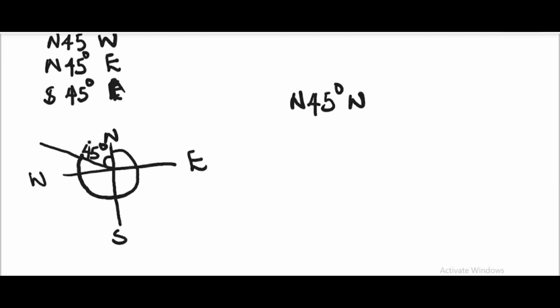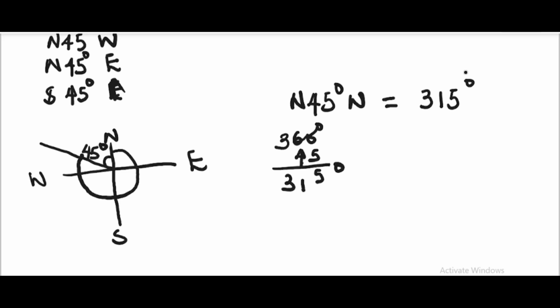So what's the next thing to do? Remove 45 from 360 since it is in the fourth quadrant. That gives 315 degrees. So 45 degrees northwest in compass bearing is the same as 315 degrees in surveyor's bearing. Are you getting me now?